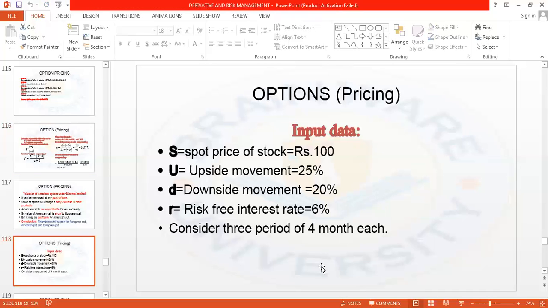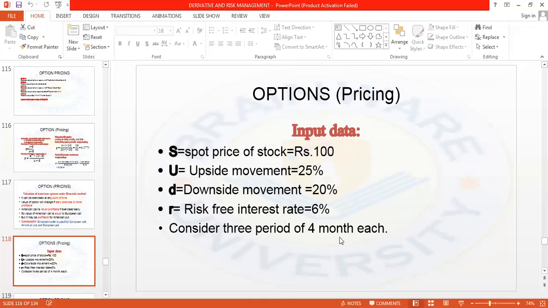Now we are considering a particular example where stock price is 100, upside 25%, downside 20%, risk-free interest is 6%, and now it is a 3-period model of 4 months each. That means 1 year will be divided into 3 phases, 4 months, then 8 months, then 12 months.